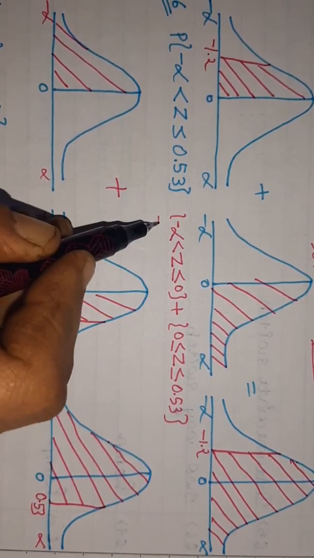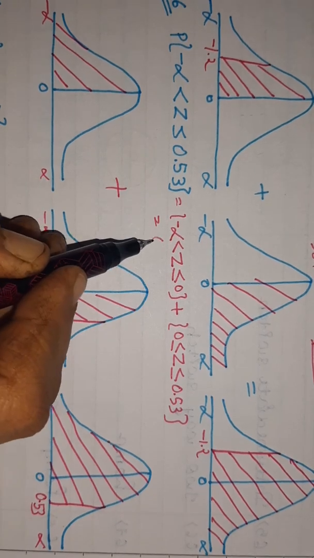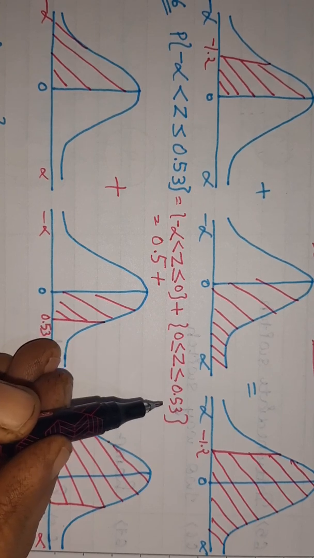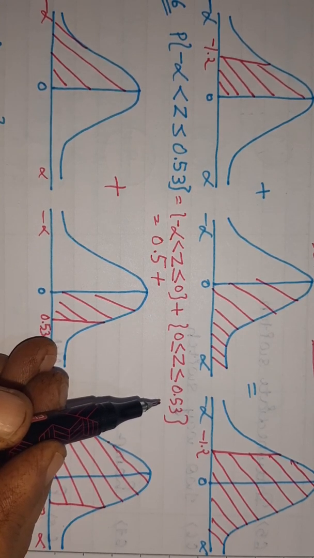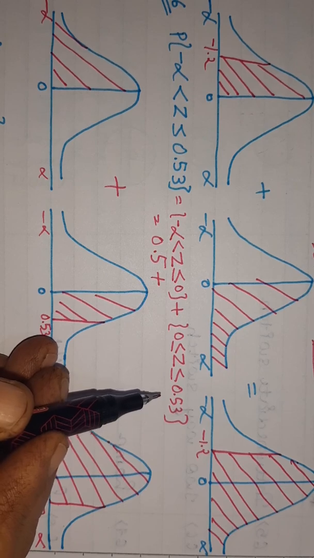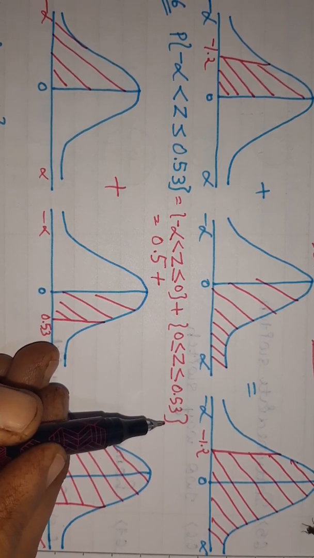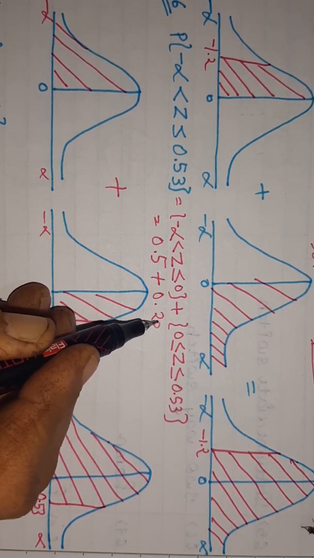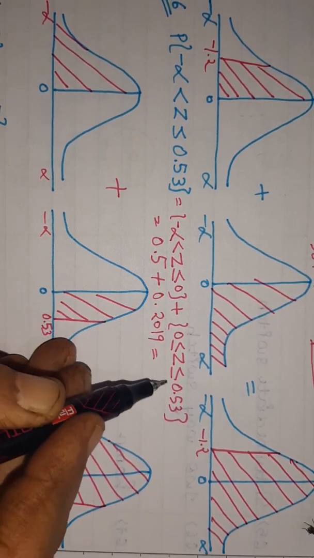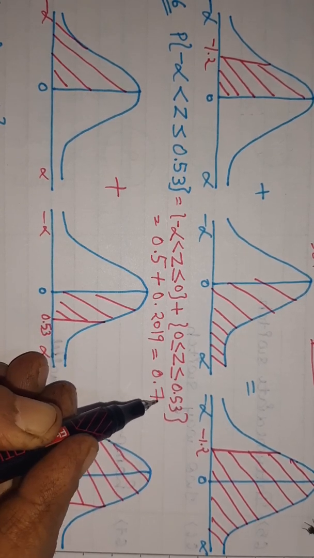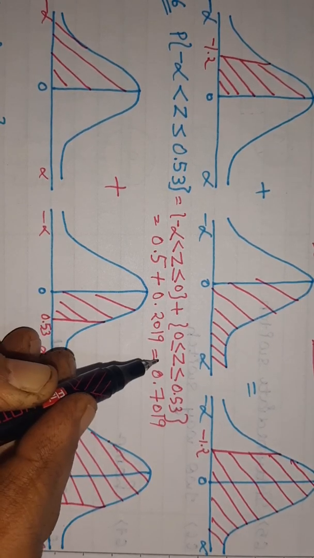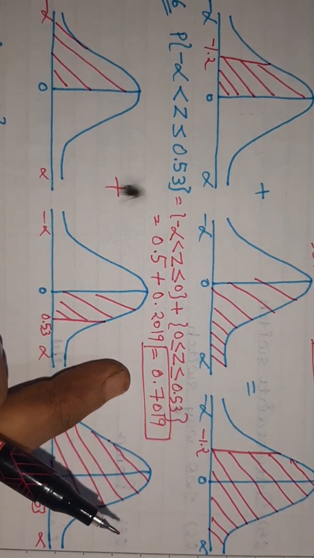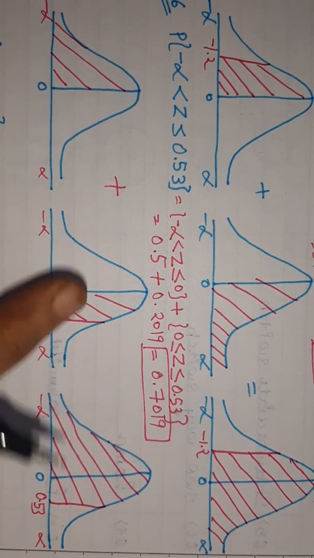There is no need to look up minus infinity to 0, that is 0.5, plus 0 to 0.53. We will look at 0.53 in the table, that is 0.2019, so the total will be 0.7019. So the area will be 0.7019.